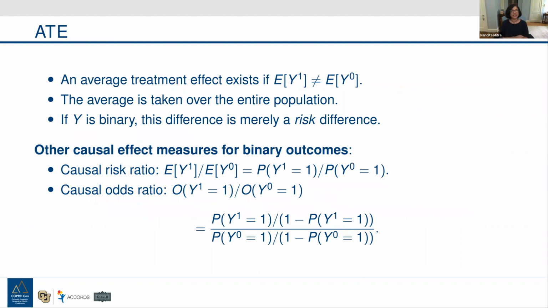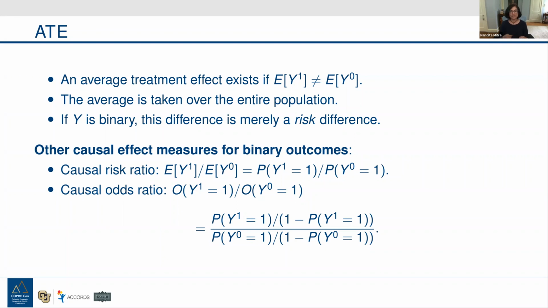So let's write the ATE in terms of expectations. So an average treatment effect exists, of course, if the average potential outcome under treatment 1 is different from the average potential outcome under treatment 0. So you would potentially look at the difference, and that would be a risk difference if Y is binary. And you're taking these expected values over the entire population.